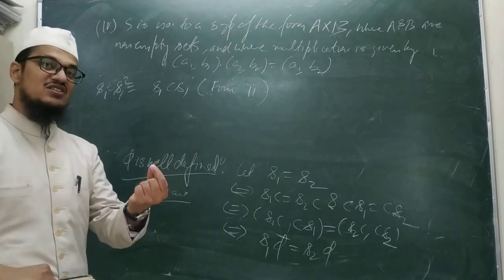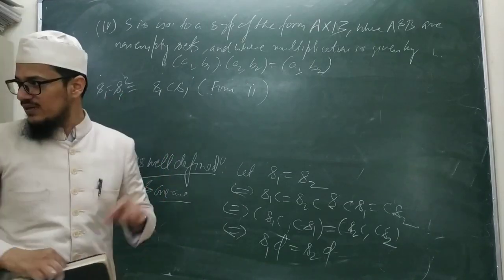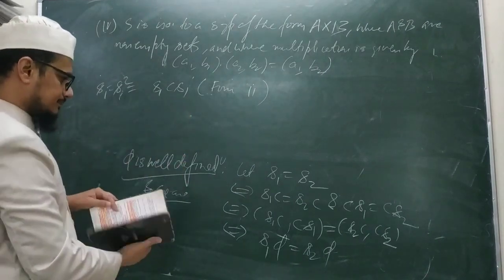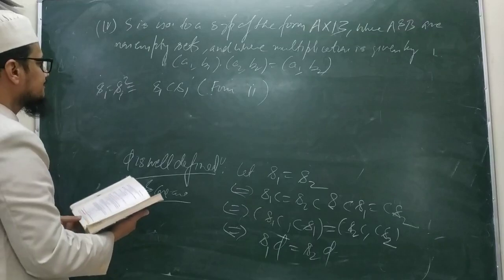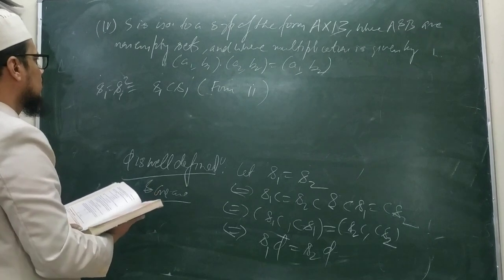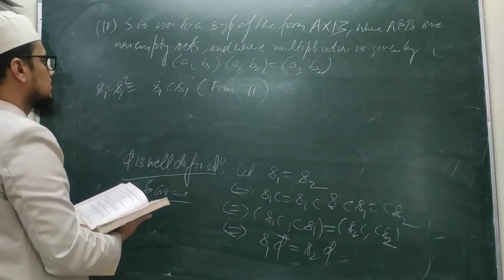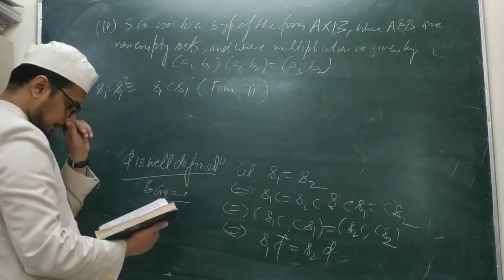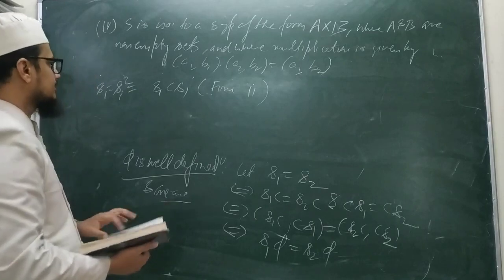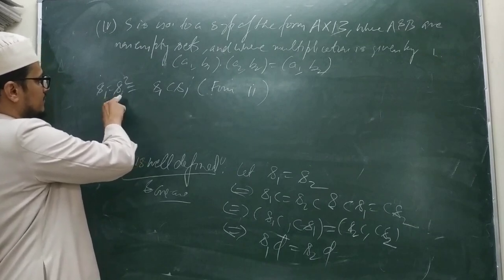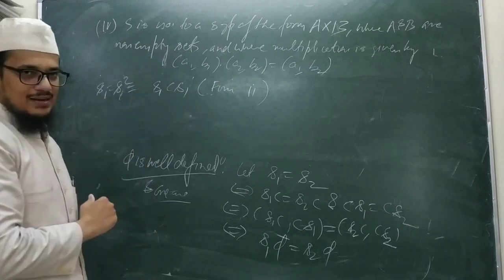It follows from ABC is equal to AC. Here A and C both are S1. So S1 is equal to S1 square, and A and C both are S1, so it can be written like this: S1 C S1. This is from the second, correct?